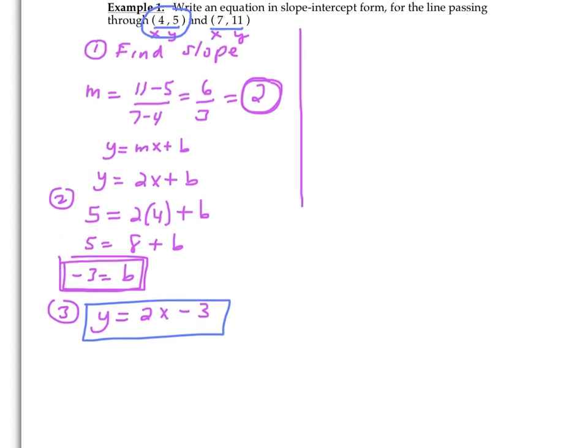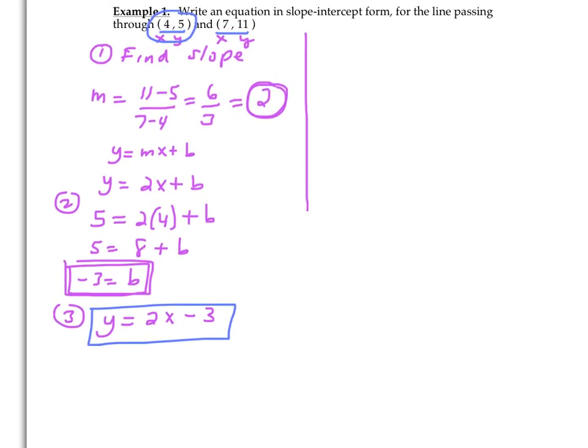Now, you can always check your equation by plugging in each of your 2 points and making sure that they work in the equation. For example, if we plug in 5 for y and 4 for x, you'll see that we get 5 equals 8 minus 3. And that's true, 5 is equal to 5.